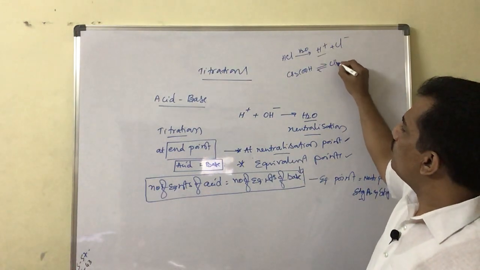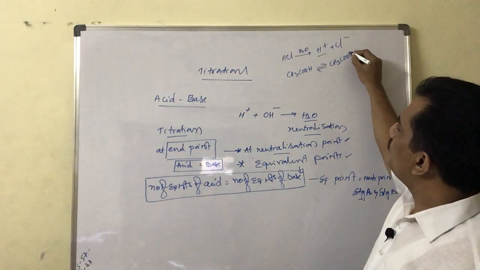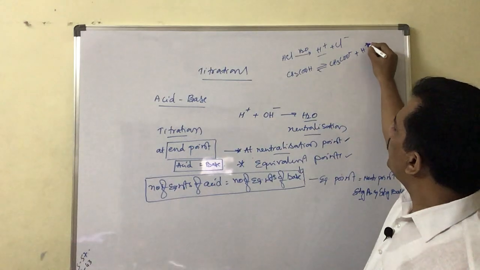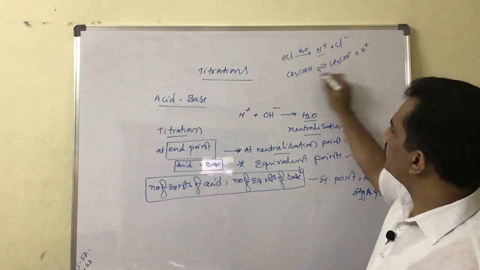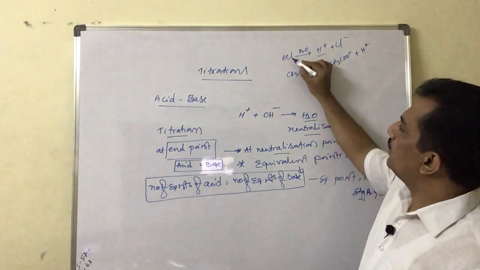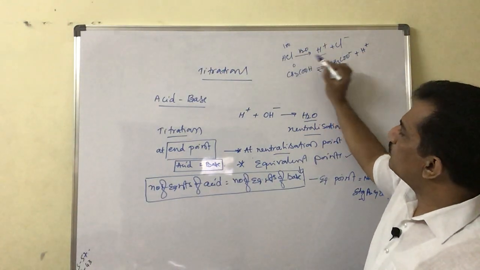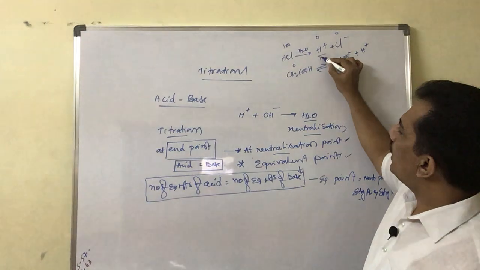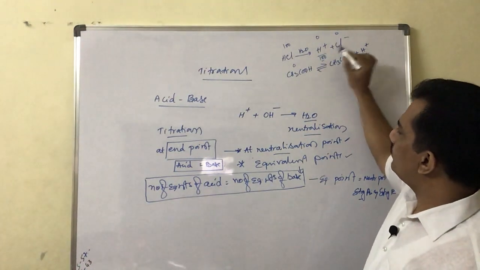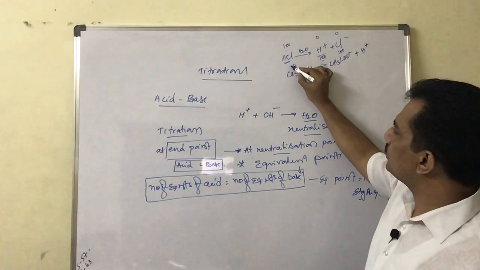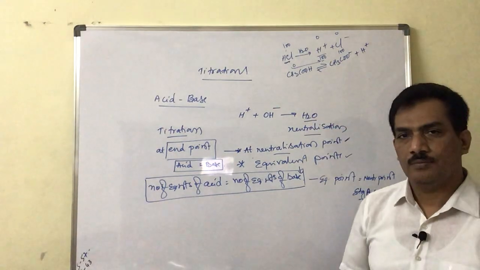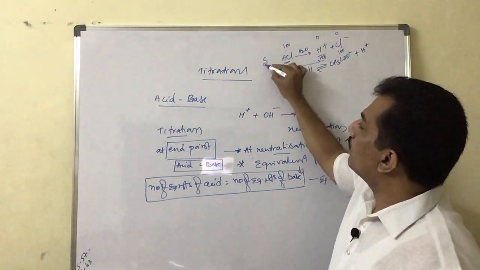Instead they establish an equilibrium between the dissociated and undissociated molecules like this. If 100 molecules of acid are present in the beginning, finally it becomes 0 and they are giving 100 H plus and 100 Cl minus. That is, all the H plus present in the molecule will come out. Then it is a strong acid.